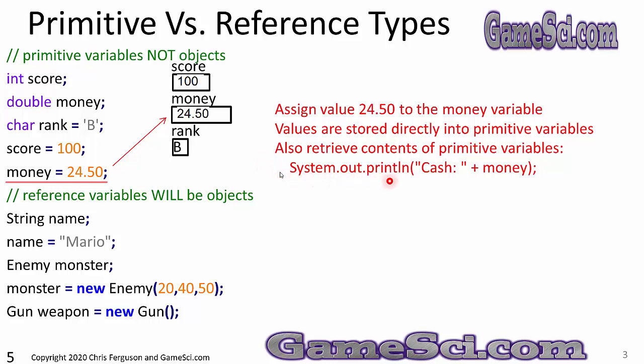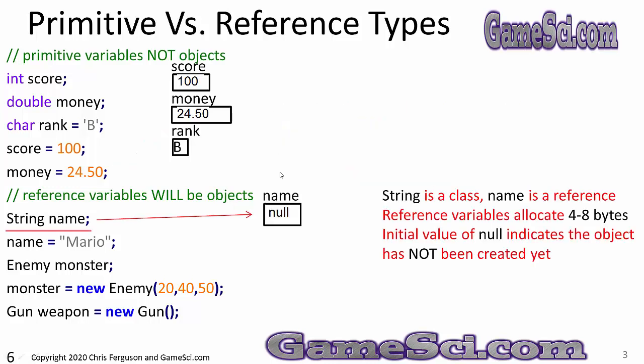If I were to print System.out.println, cash colon plus money, it would extract the 24.50 and print it after the word cash. That's what primitive variables are. Very, very simple, small pieces of memory, and you store the data directly into them and pull the data directly out of them.